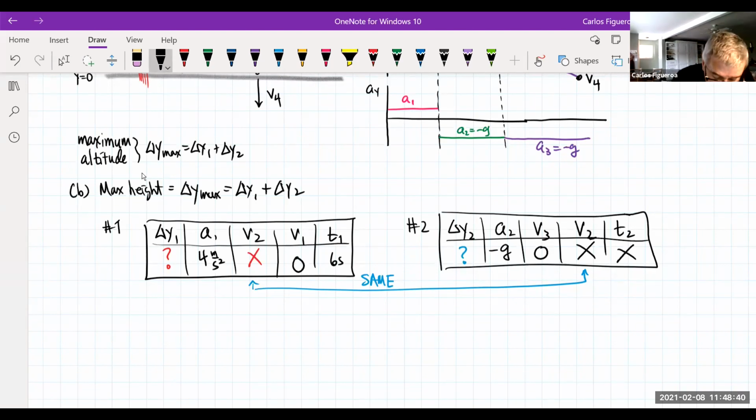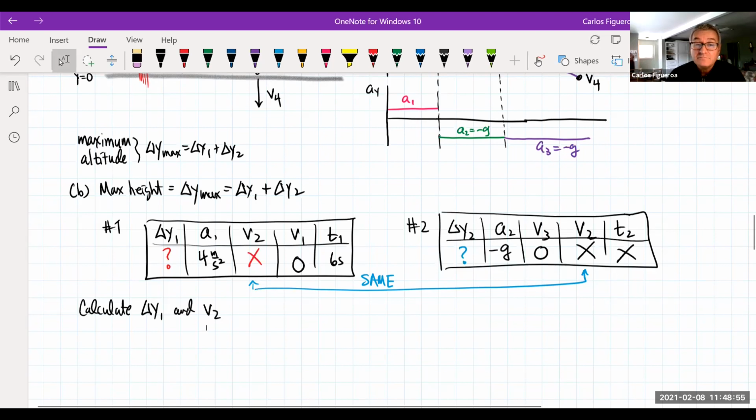So now what I'm going to do here is I want to go calculate delta y1, and then afterwards go get v2 because I'm going to need it for that thing here. Let me go grab the kinematics table.